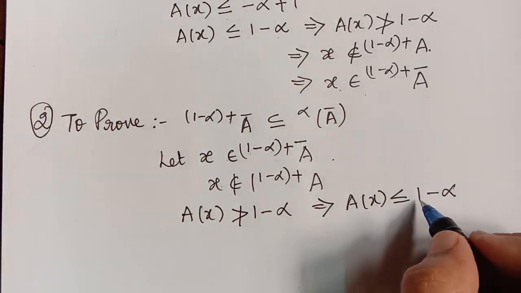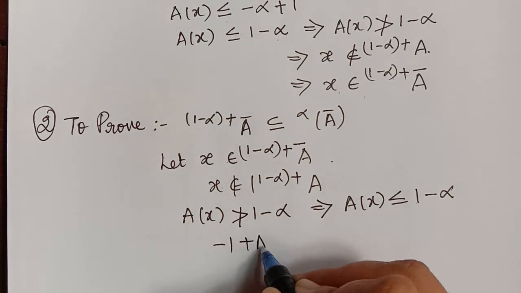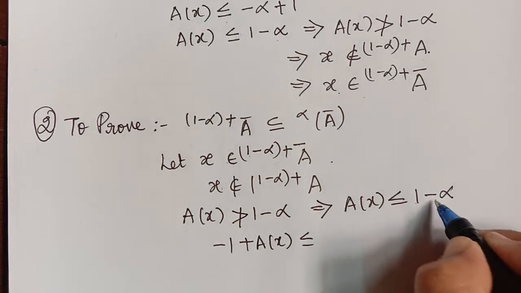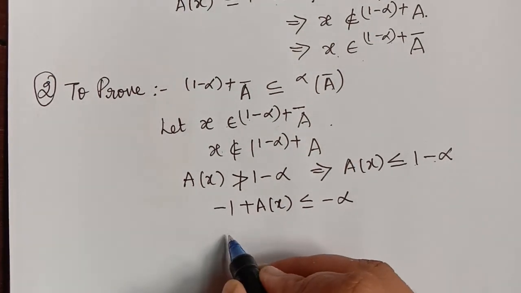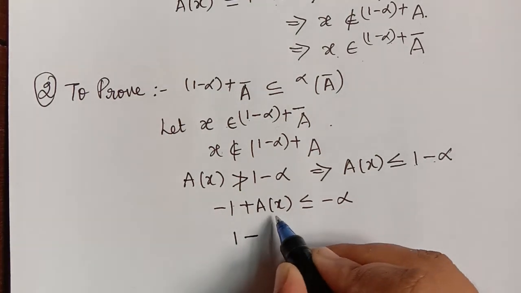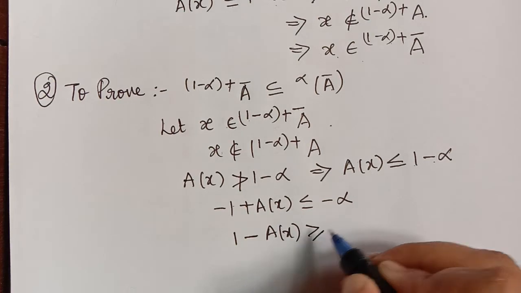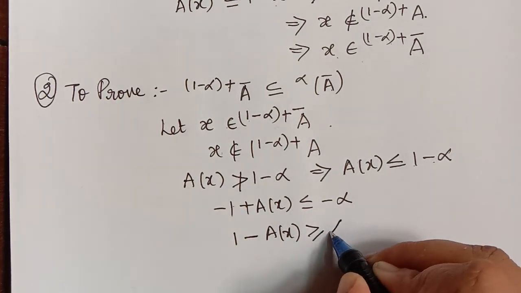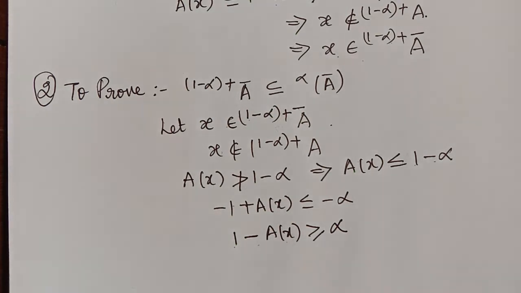Now bringing this 1 to the left hand side, we get negative 1 plus A of x lesser than or equal to negative alpha. Now changing the sign throughout, negative 1 becomes positive, this plus becomes minus, so A of x, and less than or equal becomes greater than or equal to, and this negative sign becomes positive, and so this is alpha. So 1 minus A of x is greater than or equal to alpha.